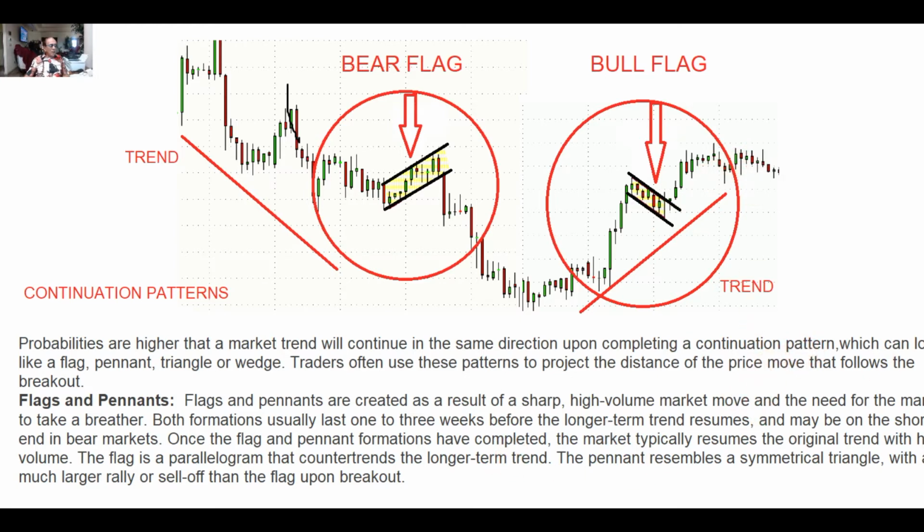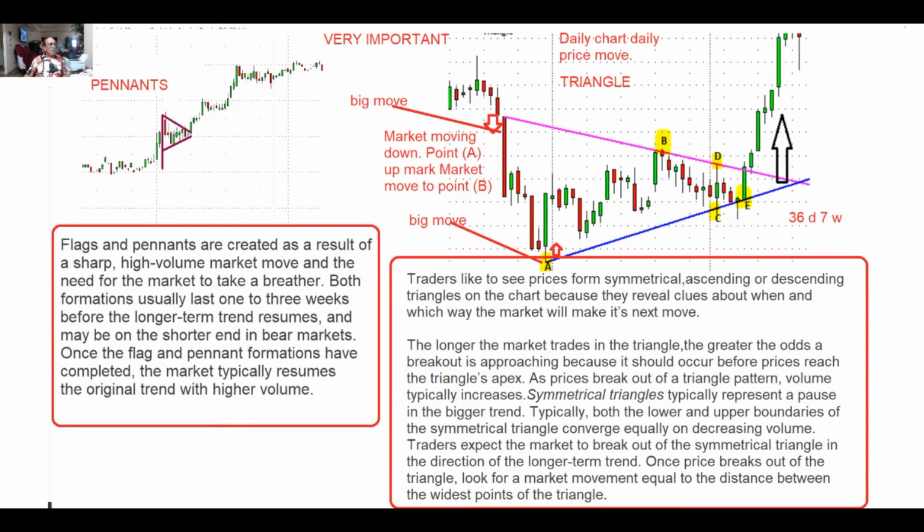So flags and pennants are created as a result of a sharp, high volume market move, and the market needs to take a breath. So it's going to slow down a little bit and rest for a while. So here we are now. Right here, this is very important. This is a pennant, and they call it a pennant because of the sharp edge that it formed; this looks like a little flagpole. It's very important, right?